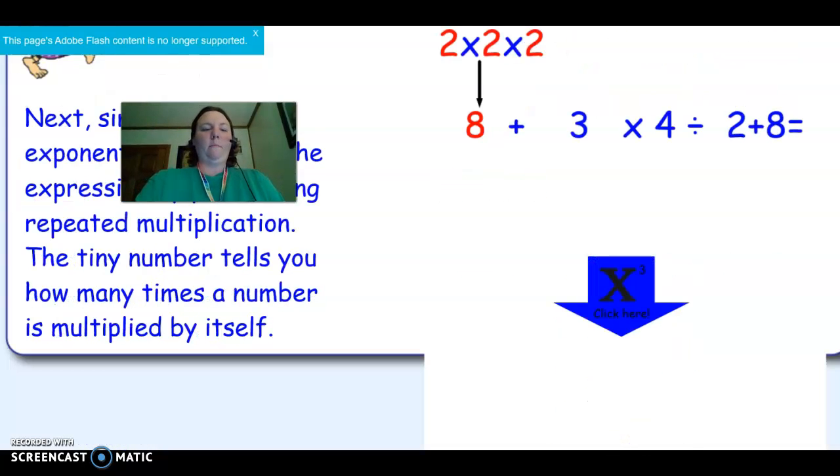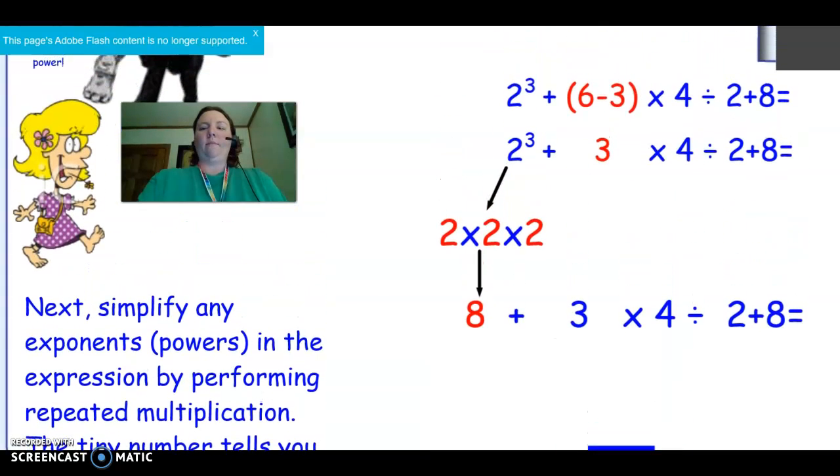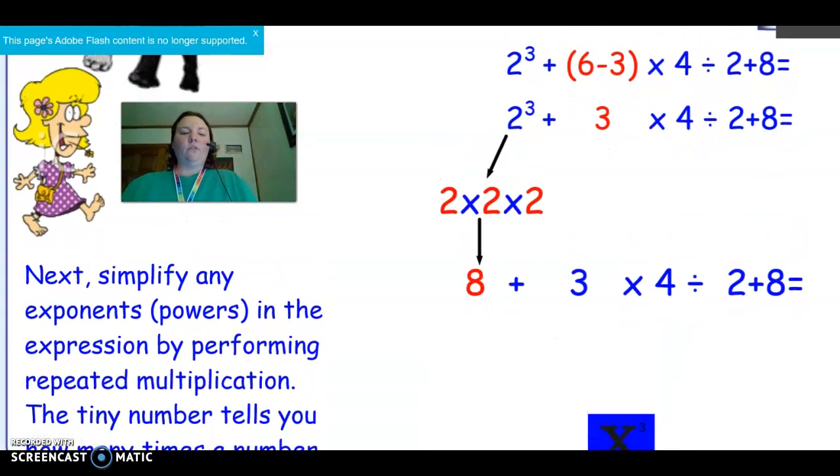So our next step, you can see here, is to deal with our exponents. The E in PEMDAS stands for exponents. And so 2 to the third is the same as 2 times 2 times 2, which equals 8.